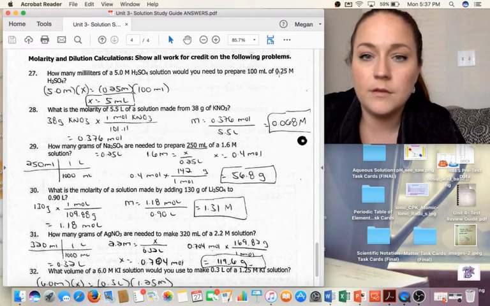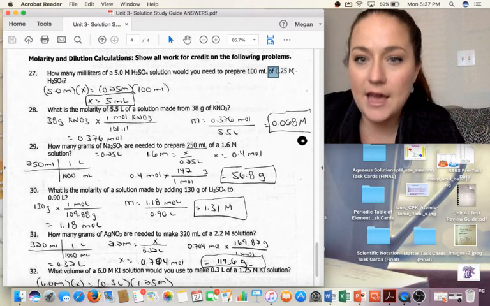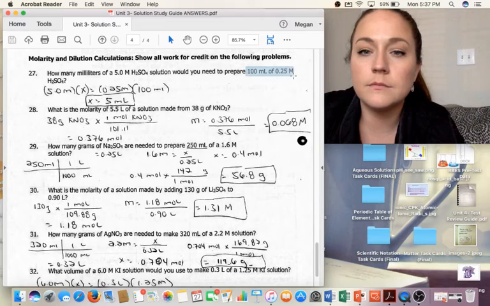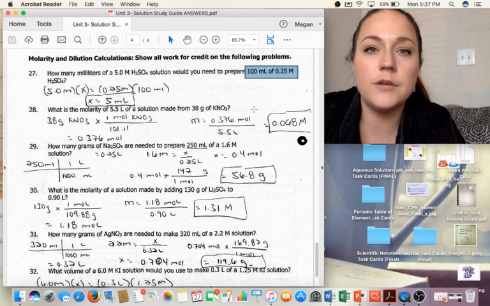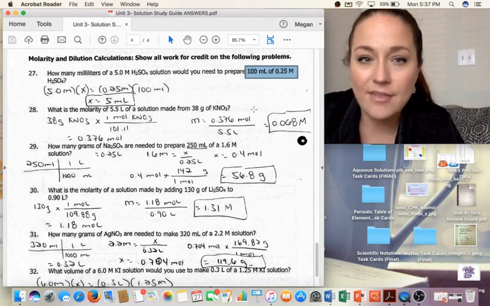Now, remember what I said about the word "of", that they connect what came before and after that word. So, meaning that 100 milliliters of 0.25 molarity of H2SO4 will be together.